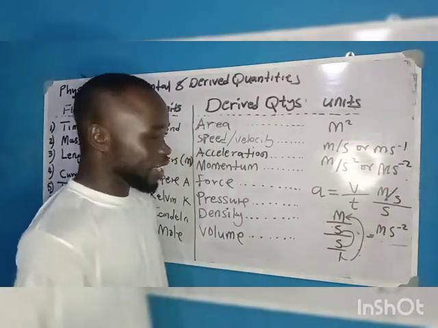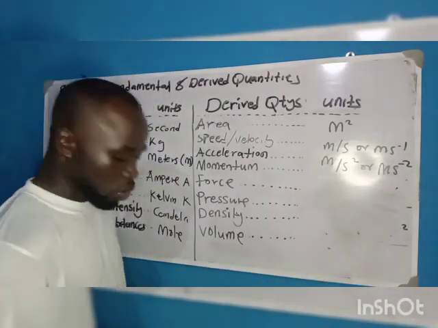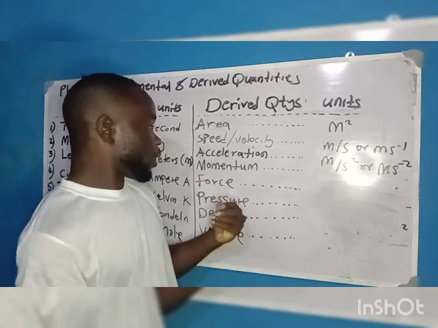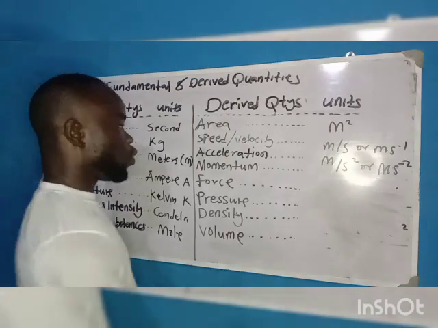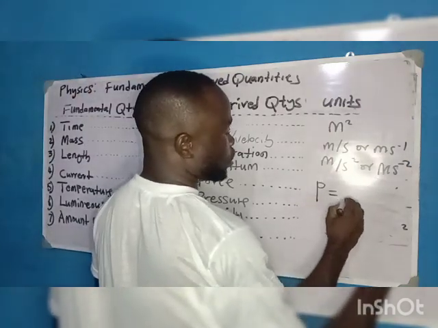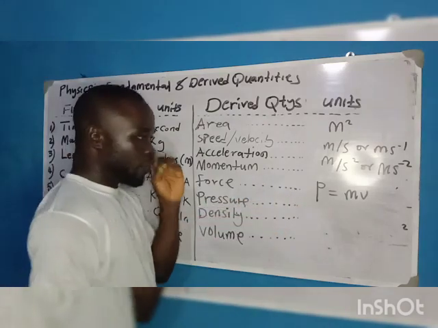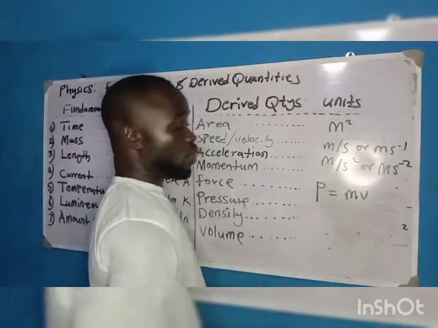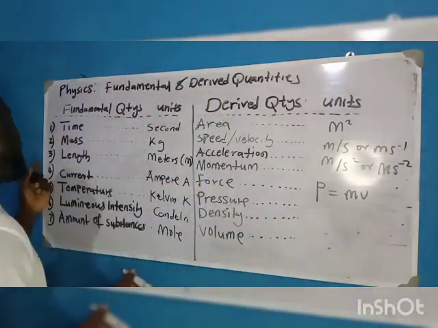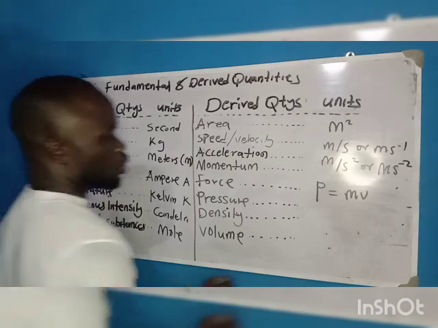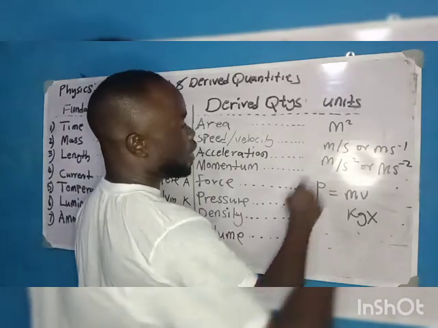I hope you're following us. Okay, the next one we have is momentum. Momentum is simply defined as the product of mass and velocity. So momentum is equal to the product of mass and velocity. To find the unit of momentum, mass is calculated in kilograms, from the fundamental quantities. So kg multiplied by the unit of velocity, which we already know to be meter per second.